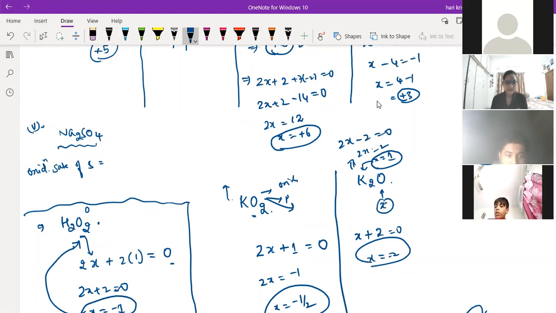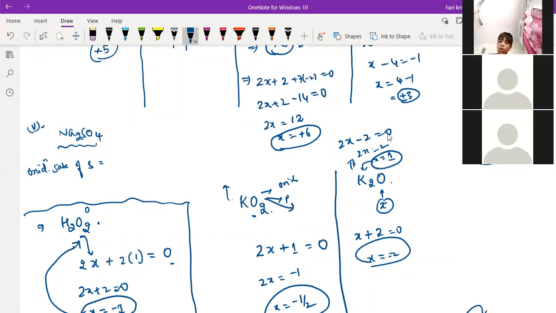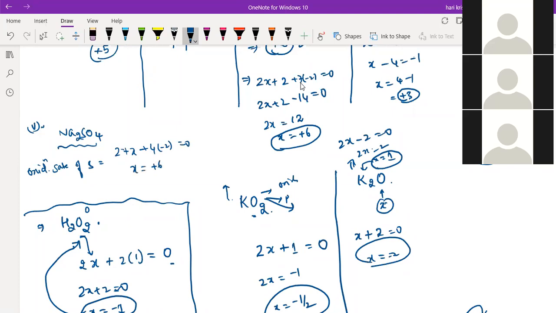Yeah, just enter your answer in the chat box. Sir, I got it, it's 6. Because 2 plus x plus 4 into minus 2 equals 0, so x equals plus 6.